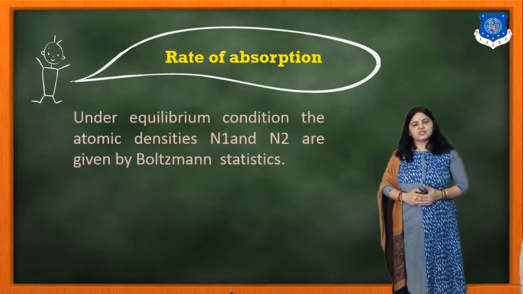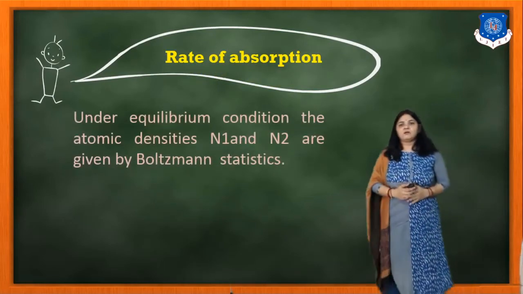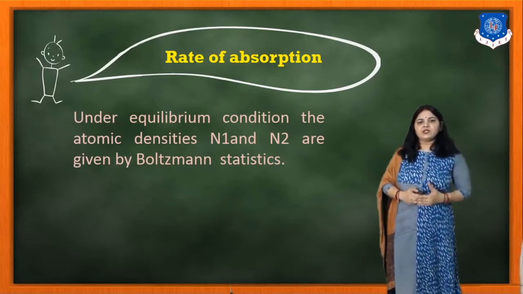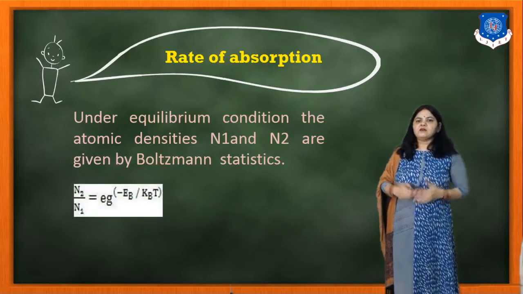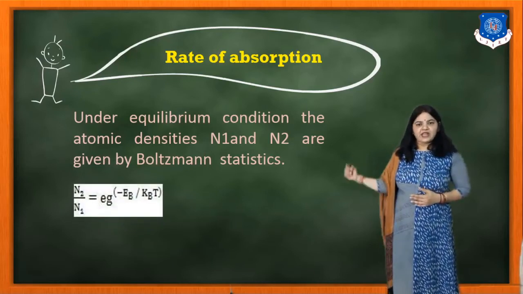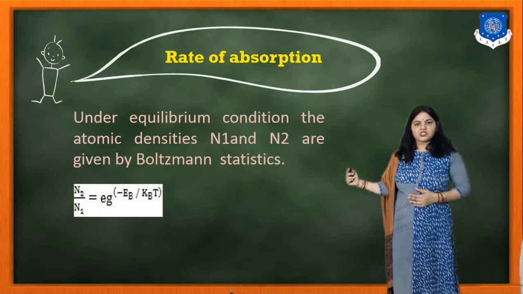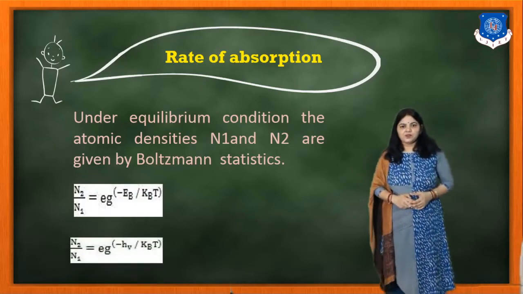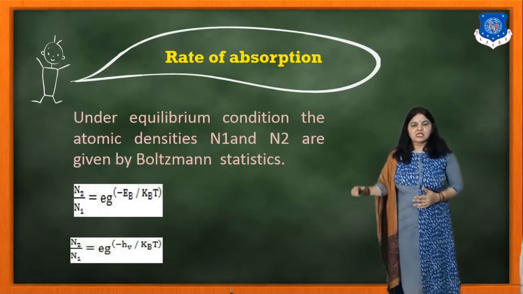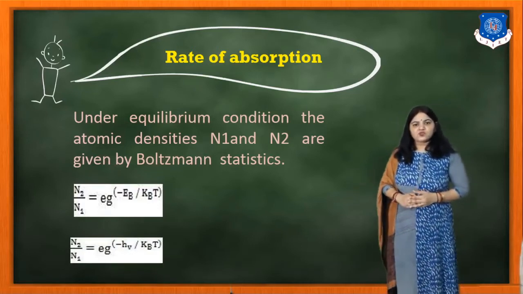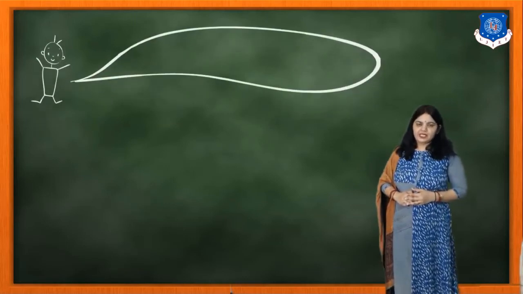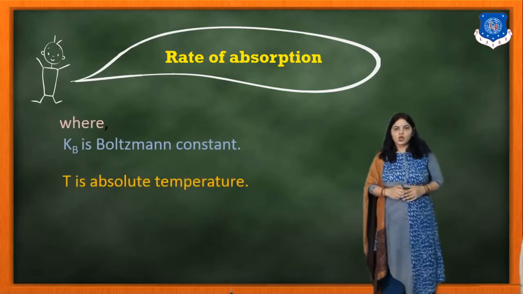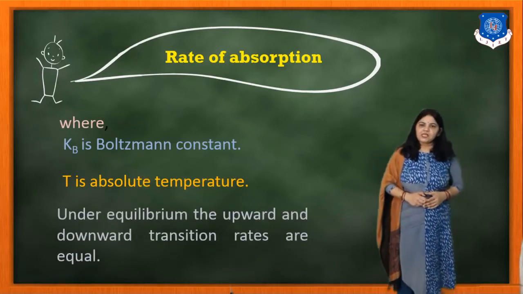Under equilibrium conditions, the atomic densities N1 and N2 are given by Boltzmann statistics. So N2 upon N1 is equal to e raised to minus Eg upon Kb T, which we can rewrite as e raised to minus hν upon Kb T, where Kb is the Boltzmann constant and T is the absolute temperature.